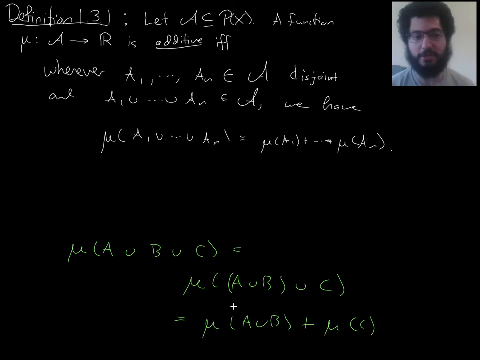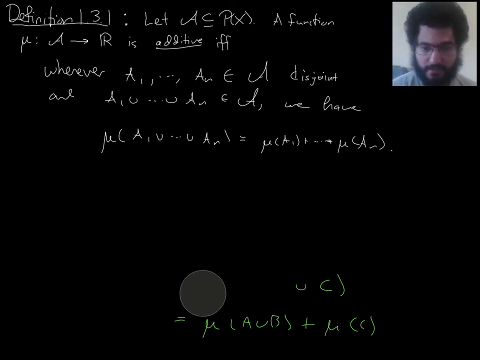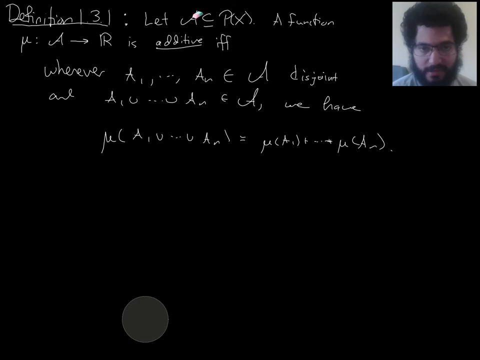So by induction, basically, it would be enough to describe this using just 2 sets, if we're talking about an algebra of sets, something closed under finite unions. But we want to be more general than that. We want to allow this not to necessarily be closed under finite unions, hence the more complicated looking definition.